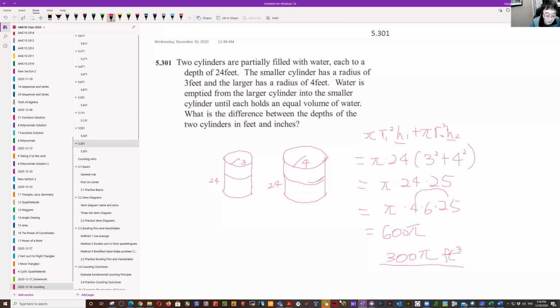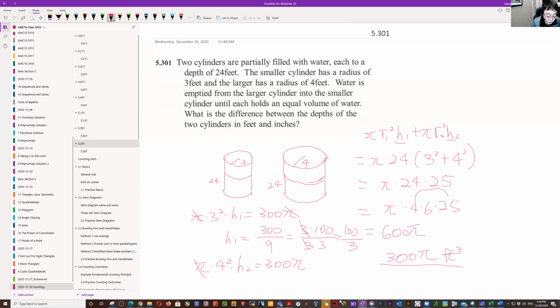Pi times 3 squared times h1 is 300 pi, and we cancel out pi, so h1 is 300 divided by 9, which is 3 times 100 over 3 times 3. So it simplifies to 100 over 3. The second one is pi times 4 squared times h2 equals 300 pi.